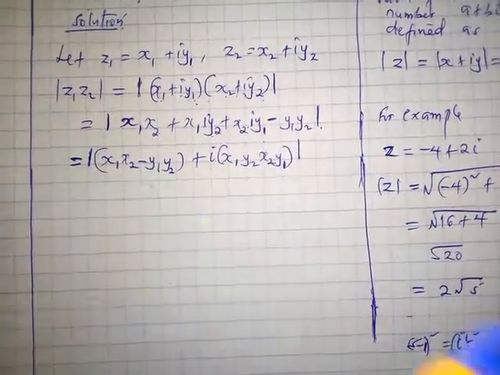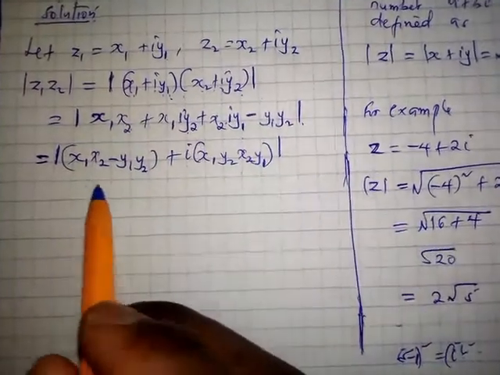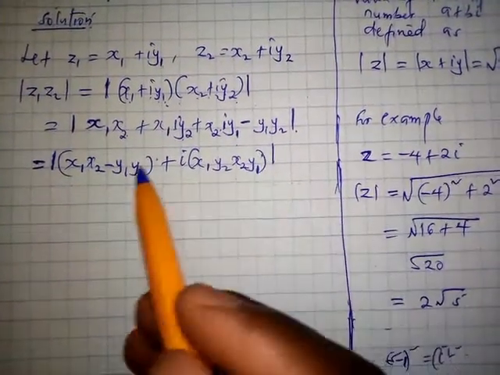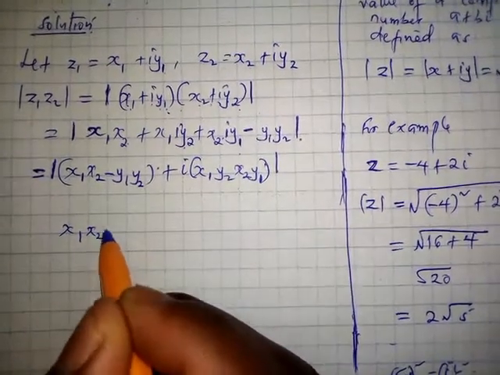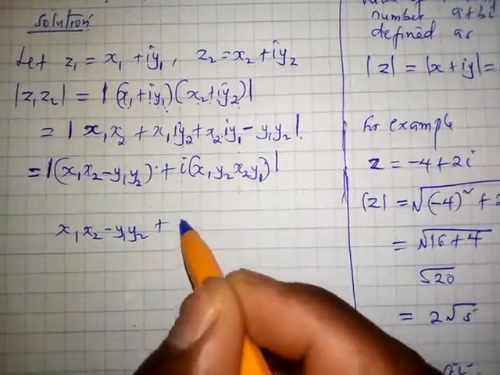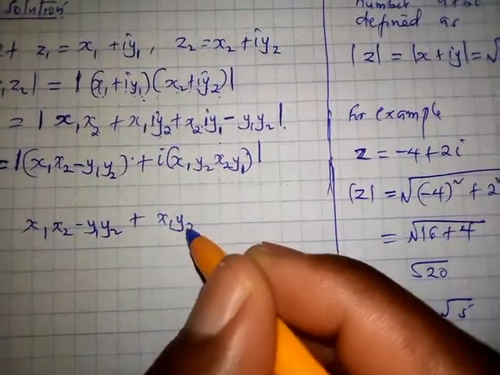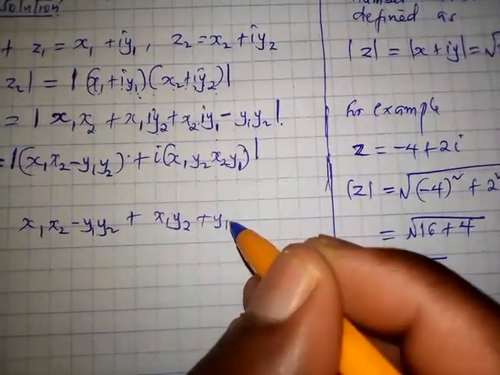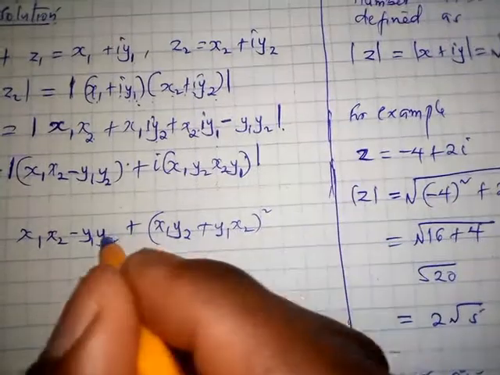The next step is to square this and this, then find the square root. So it will be the square root of x1 x2 minus y1 y2, squared, plus x1 y2 plus y1 x2, squared.